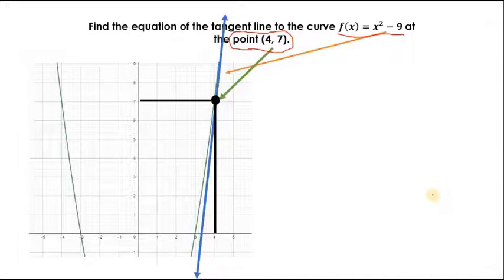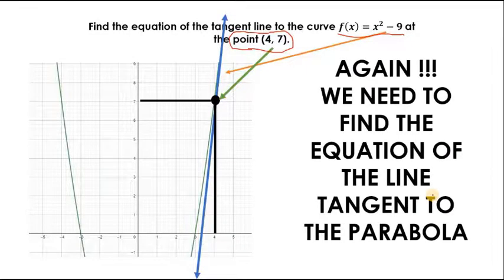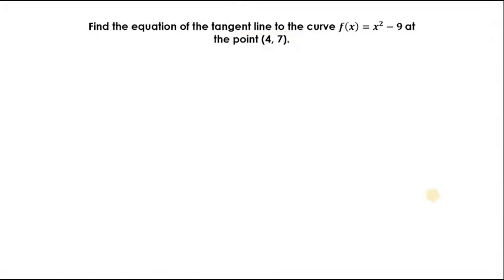But the question here is, what is the equation of the tangent line? Again, we need to find the equation of the tangent line to the parabola. How are we going to solve that one? Since we are dealing with derivatives, we are going to use derivatives as a way of solving this one.